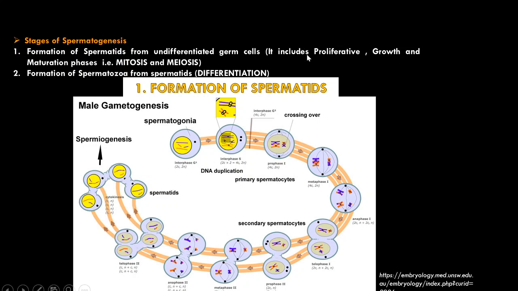In the proliferative phase there is mitosis, in the growth phase there is growth, and then in the maturation phase there occurs the meiosis. So from the germ cells there is the formation of the spermatids. In the second stage, the spermatids give rise to spermatozoa, and this step is called differentiation. As I discussed earlier, meiosis precedes differentiation.